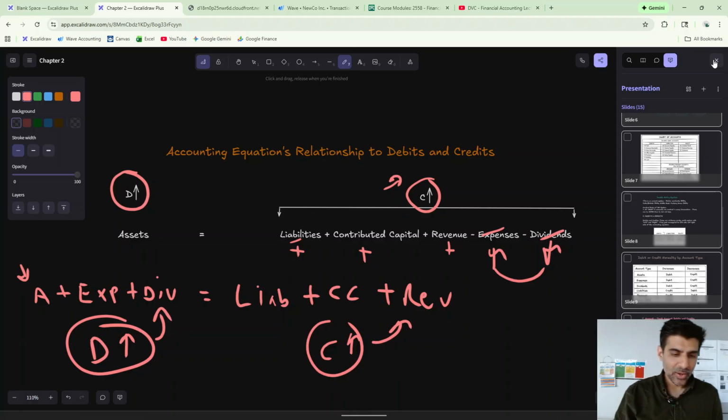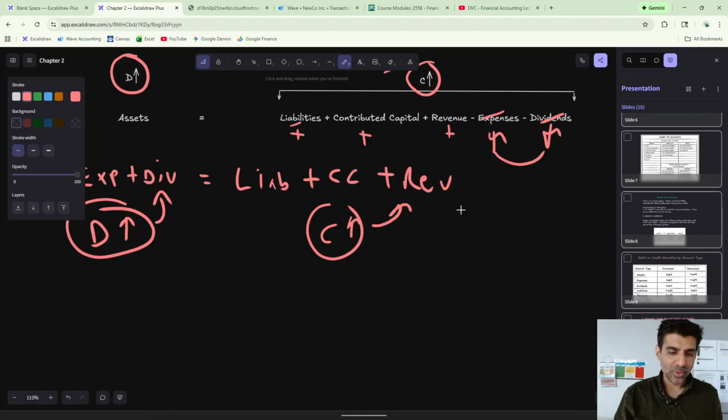So, for example, let's do the example where my company is selling common stock to investors and getting cash. Is my cash going up or down after that transaction? Am I paying out cash or am I receiving cash from that transaction?